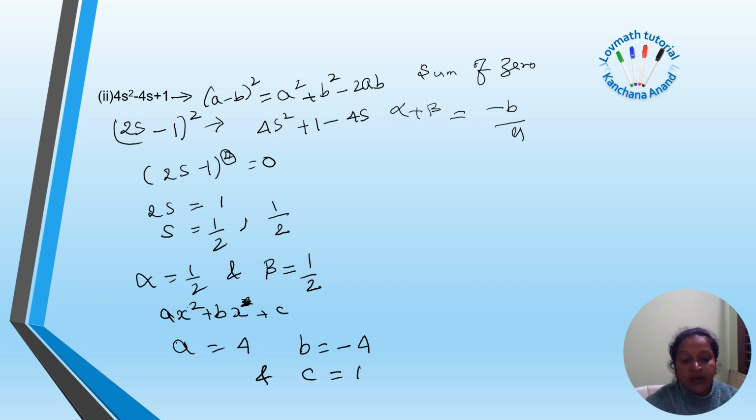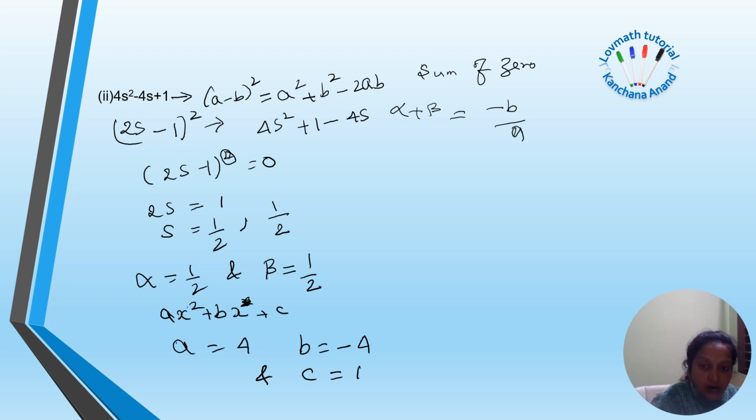Here alpha and beta are the zeros of this quadratic equation and b is the coefficient of s, and a is the coefficient of s square.